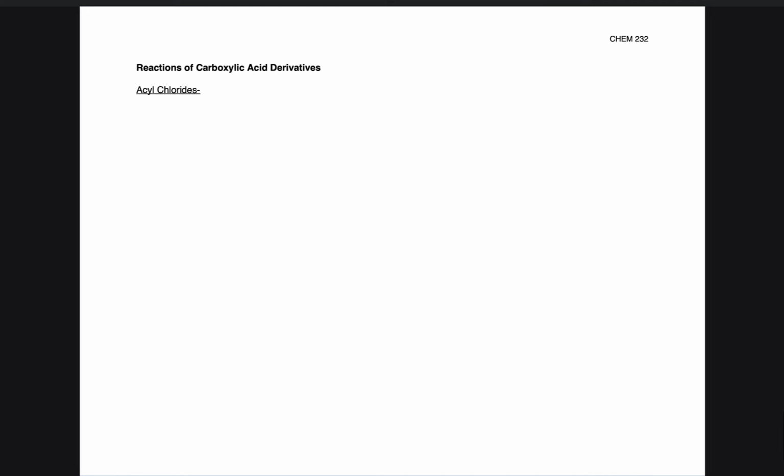So the first thing we're going to look at is these acyl chlorides. That carbonyl, just to refresh our minds, that carbonyl with a chlorine on it, acyl chloride, or acid chloride, they're sometimes called. So there are some ways we can make acid chlorides, where we have some sort of carboxylic acid, doesn't matter what, which is what this R group here is for.